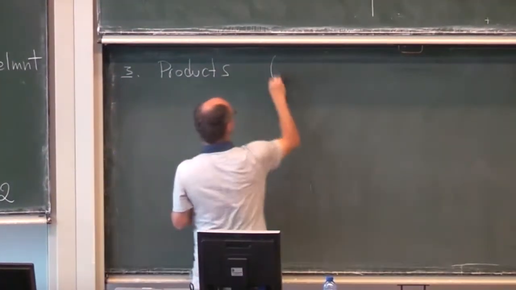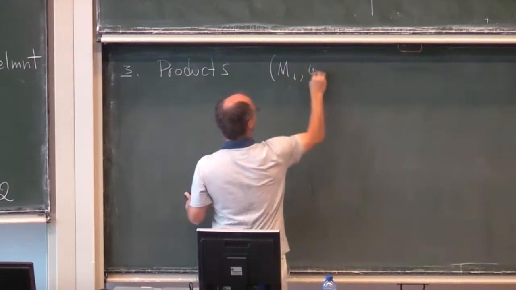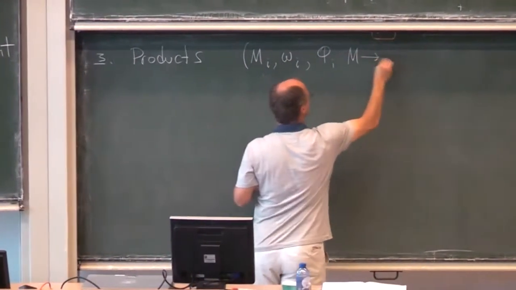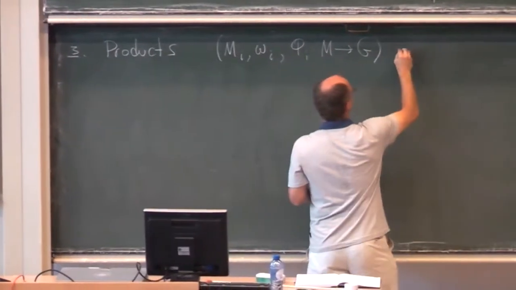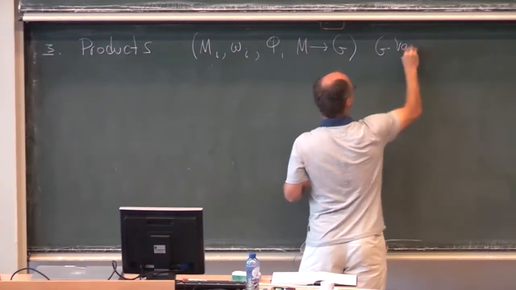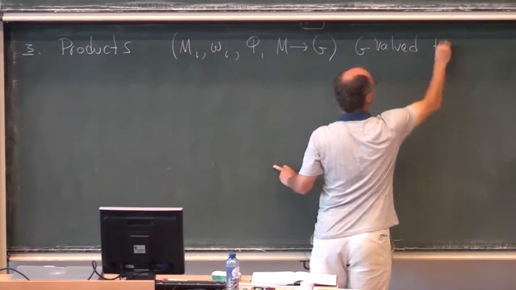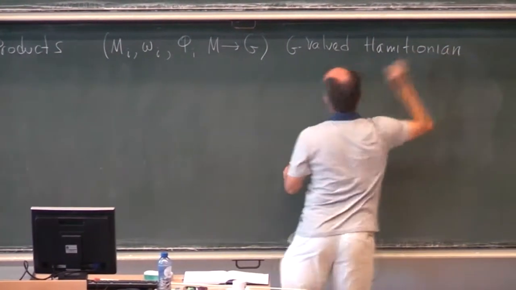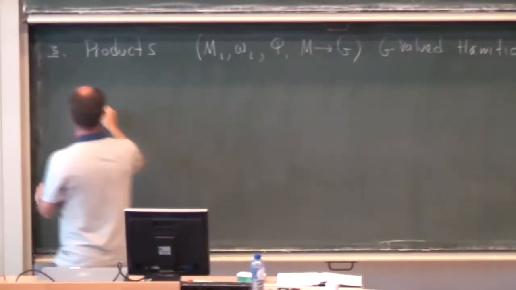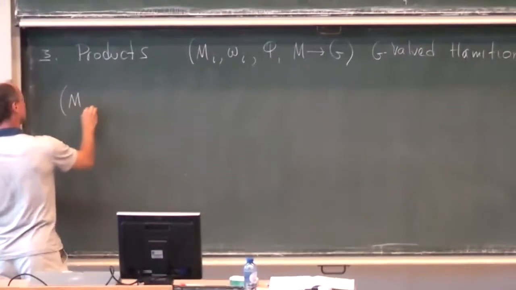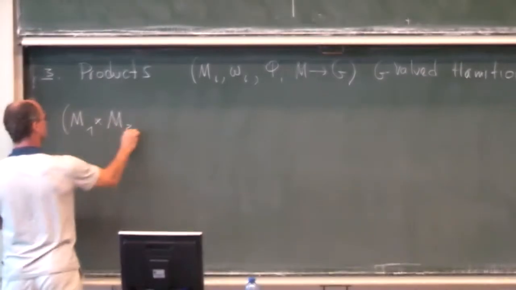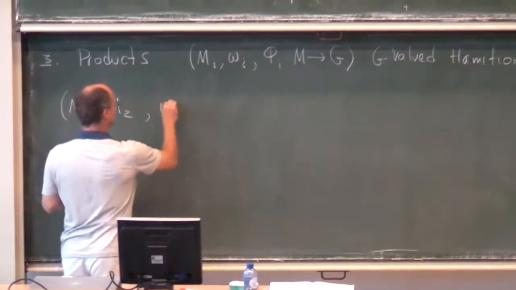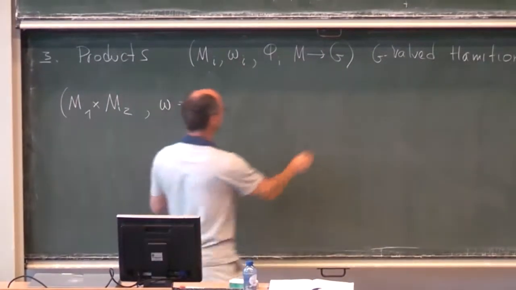So suppose we have (M_i, omega_i, phi_i) with phi_i from M_i to G, G-valued Hamiltonian spaces. Then we want to have the space M1 cross M2 with some form to be discussed.